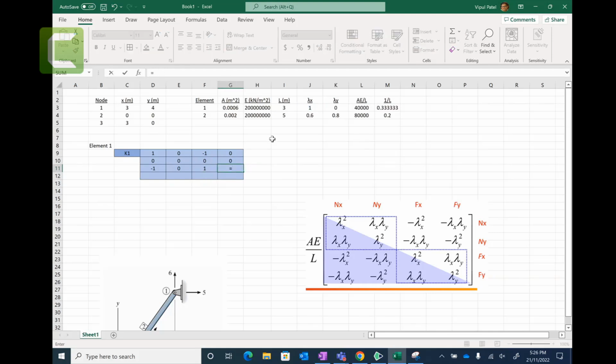And here equal to lambda x times lambda y. Perfect. And then equal to minus lambda x times lambda y, equal to minus bracket lambda y square, and then bracket over. And then lambda x, lambda y equal to lambda x times lambda y.